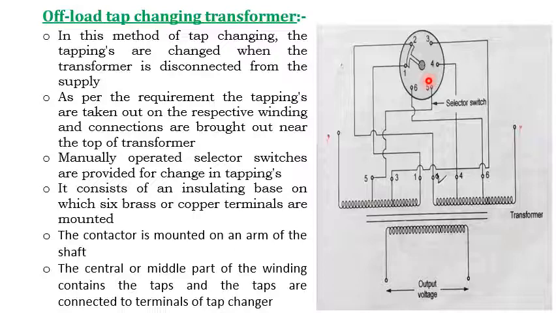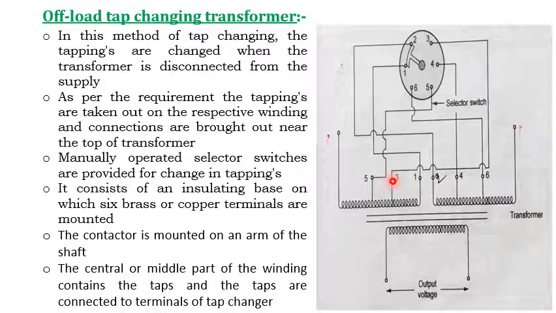Now here, if the position of the tap changer is at 1 and 2, the total winding is in use. See, this is position 1 and this is position 2. If points 1 and 2 are used, that means the entire winding is in use.